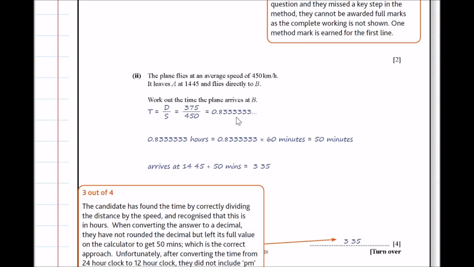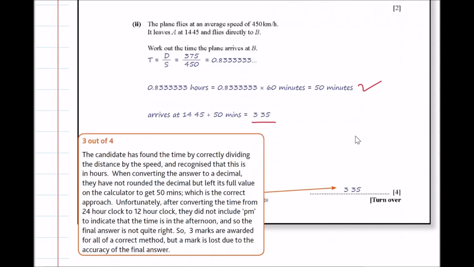So he got 0.83333. Now correctly he changed this to minutes. Now arrives at 14:45 and then plus 50 minutes, so 3:35. But when writing the answer in 12-hour clock format, he could not add AM or PM at the end of the answer.